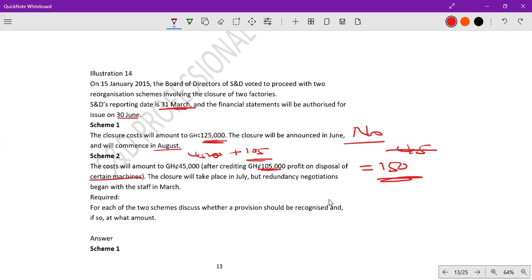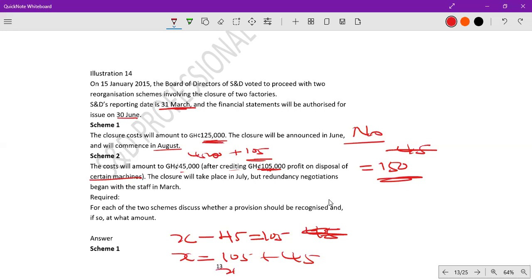They said that this 150, after crediting, the total cost was 45,000. They said this one was done after crediting a profit from this. So X amount was deducted from 45, and they had 105. So X will be equal to 105 plus 45.